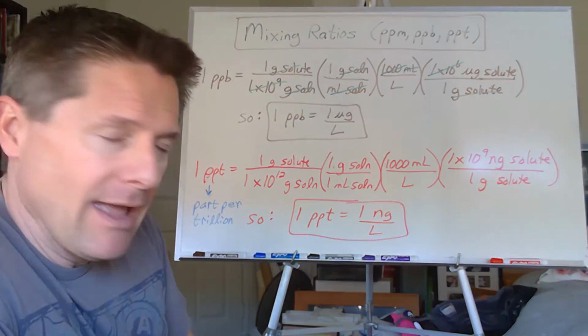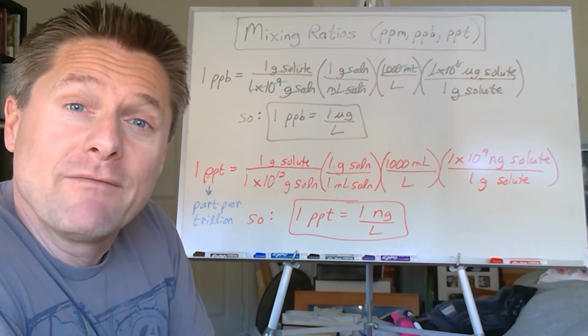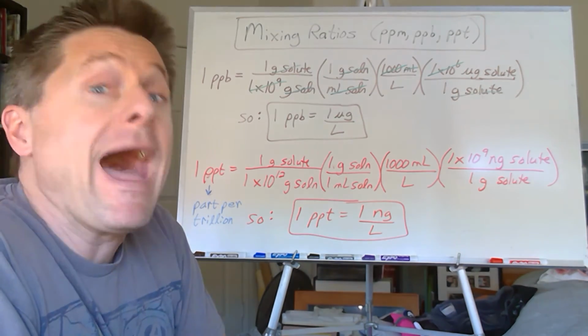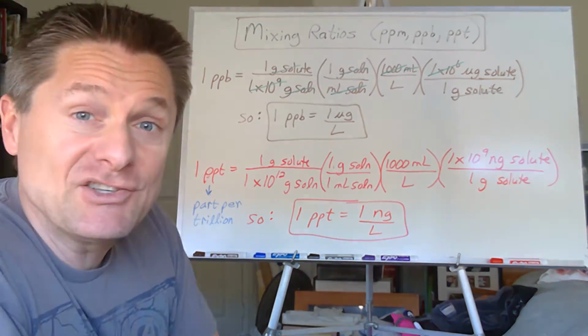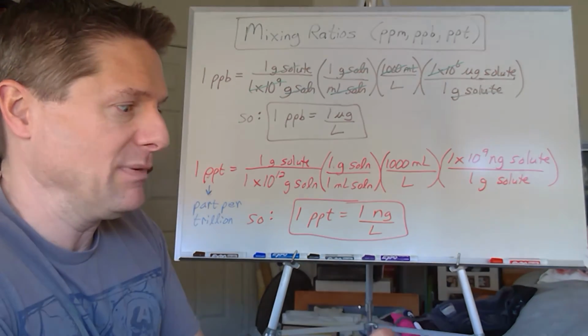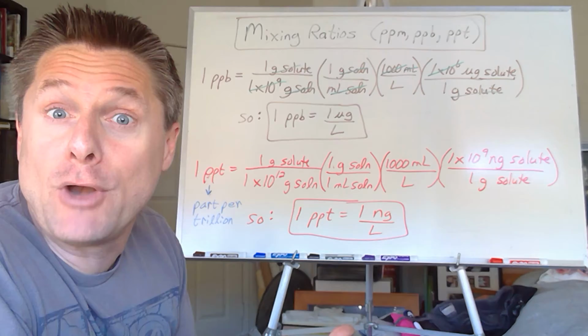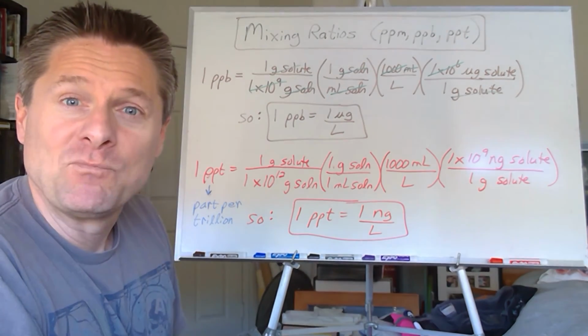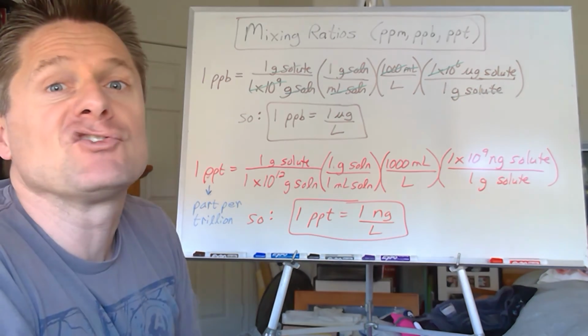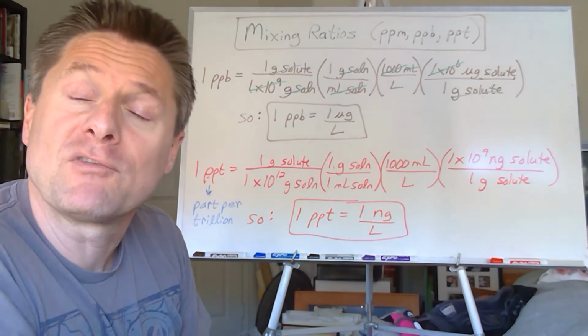Now, if you've taken my labs, we have used ppt as parts per 1,000. Technically, we probably should use ppth, because now we're confused. Is ppt parts per 1,000 or parts per trillion? Oh, no. So if it's not specified, look at it in context. If you're looking at atmospheric chemistry or an extraordinarily dilute solution, it's probably parts per trillion.